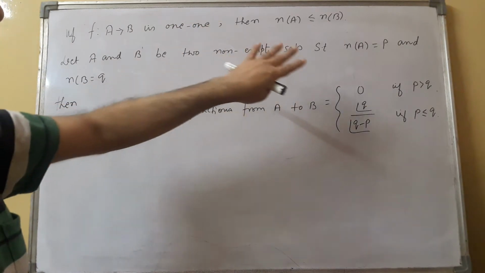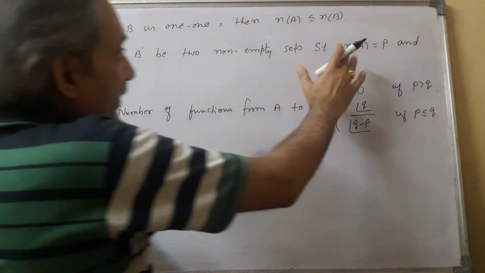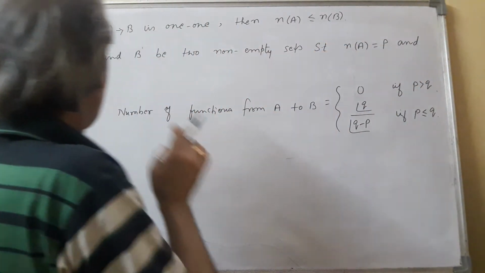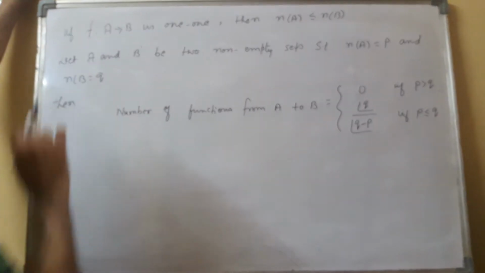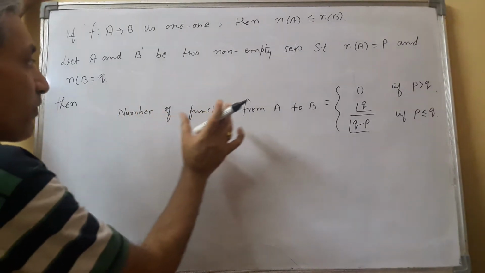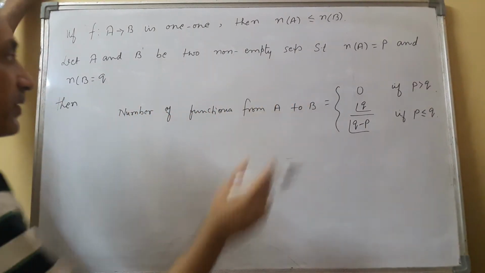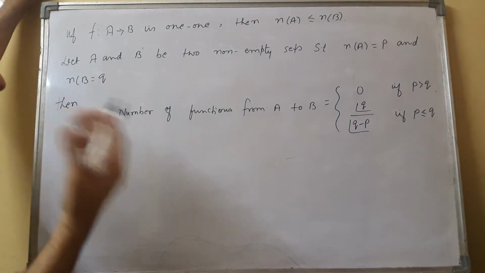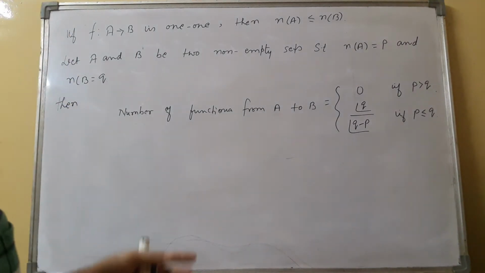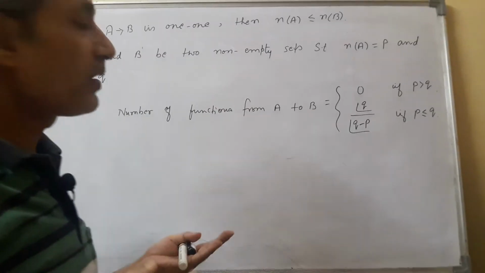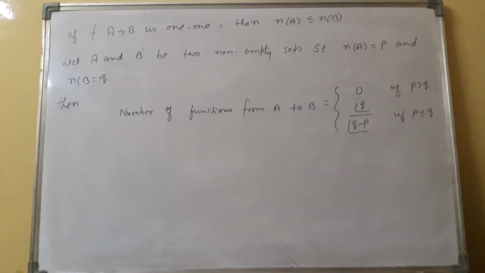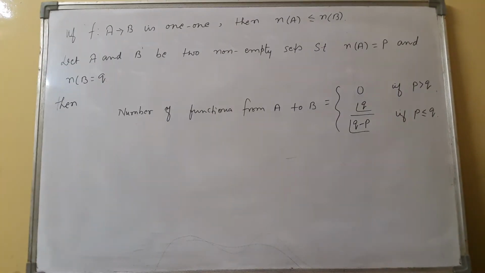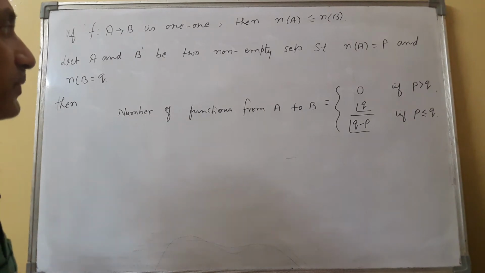And let us suppose if set A contains P elements and set B contains Q elements, then the number of functions from A to B, by number of functions I mean one-one function, not generalized function, which I discussed in the previous video.